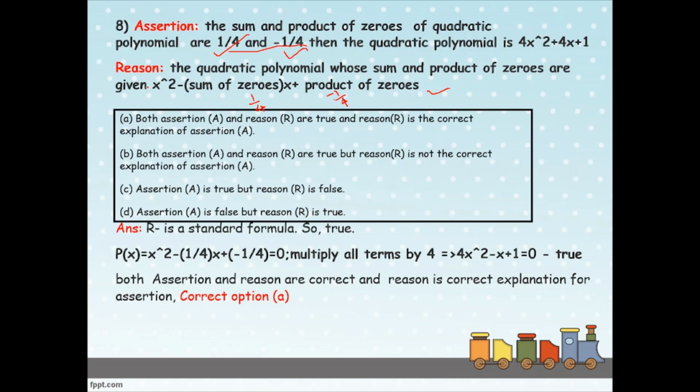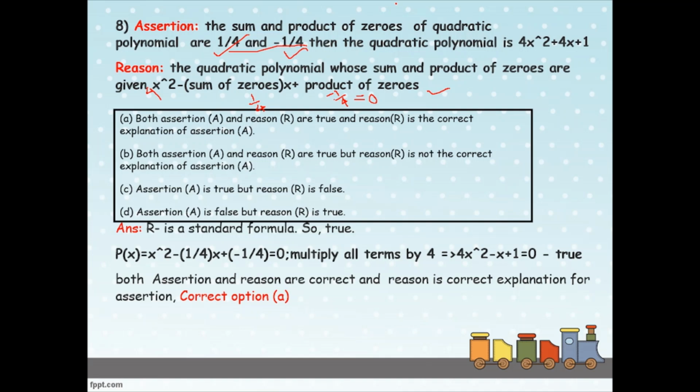So 4 into x square becomes 4x square minus 1x plus 1 minus 1 equal to 0. They are finding the polynomial.